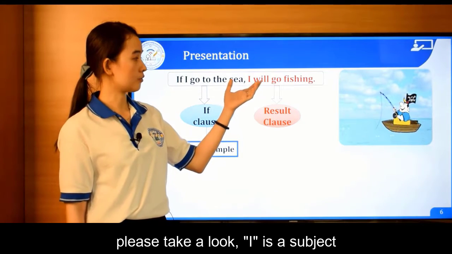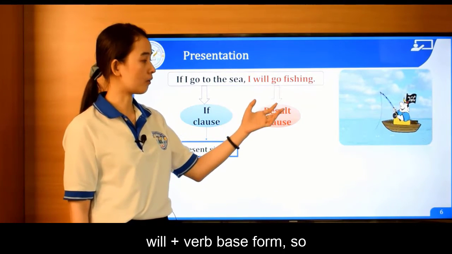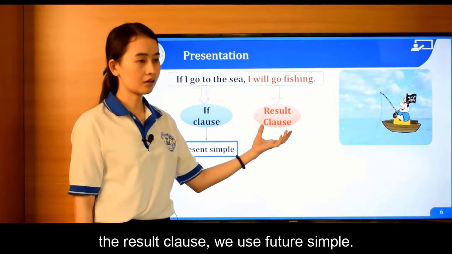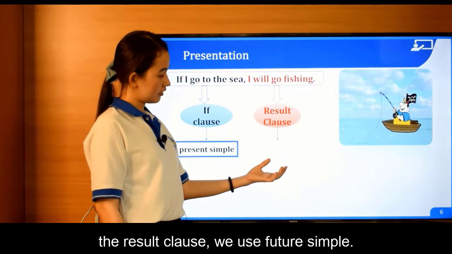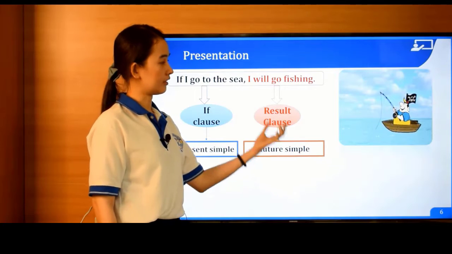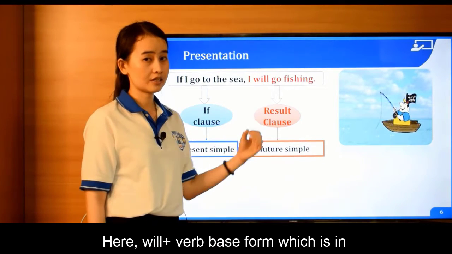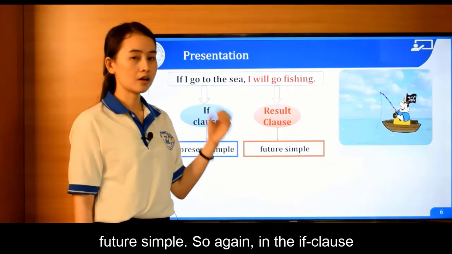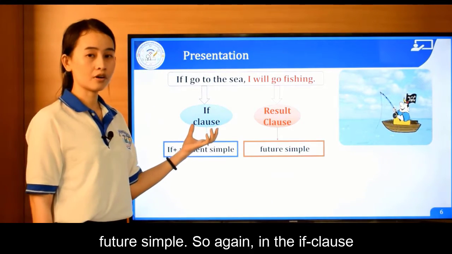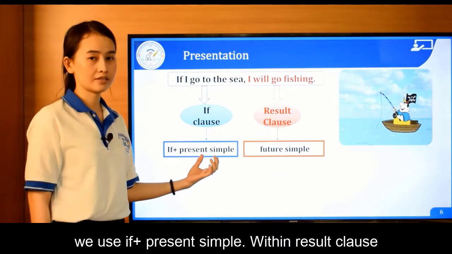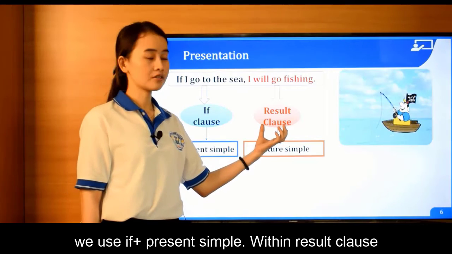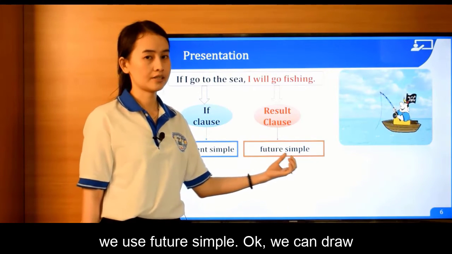I is the subject, will plus verb base form. So the result clause we use future simple here, will plus verb base form, which is in future simple. So again, in the if clause, we use if plus present simple. Within the result clause, we use future simple.